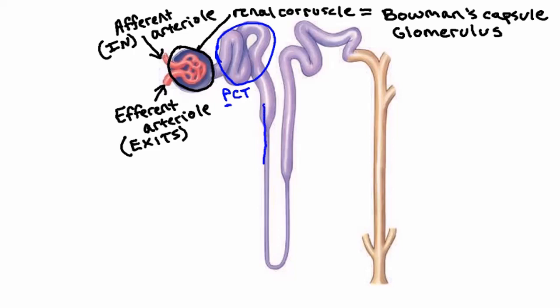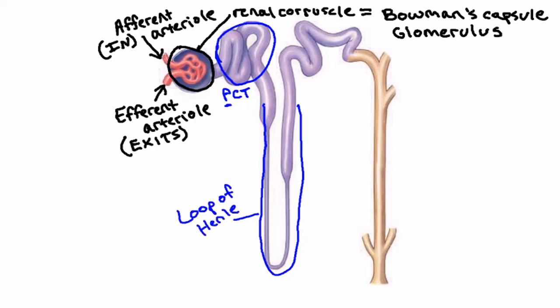And then this loops down. That's the loop of Henle, or the nephron loop. And then when it comes back up, it does this convoluted thing again, this twisting and turning, and that is the distal convoluted tubule because it's distant to the renal corpuscle.